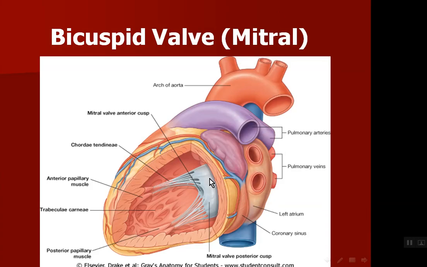Of course, there is also the mitral valve. The mitral valve is between the left atrium and ventricle, and because the left ventricle needs a more powerful pump for draining the blood from the left ventricle and sending it all over the body, the thickness of the left ventricle wall is more than the right.